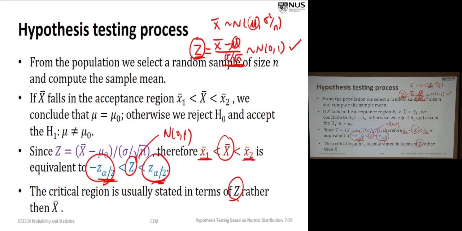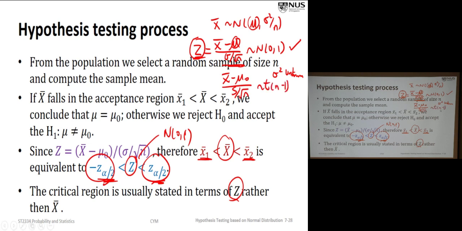For example, if sigma is not known, then what is the distribution of x bar? If sigma is unknown, I don't know it, but I know this one. Under the null hypothesis, this one follows a t distribution.